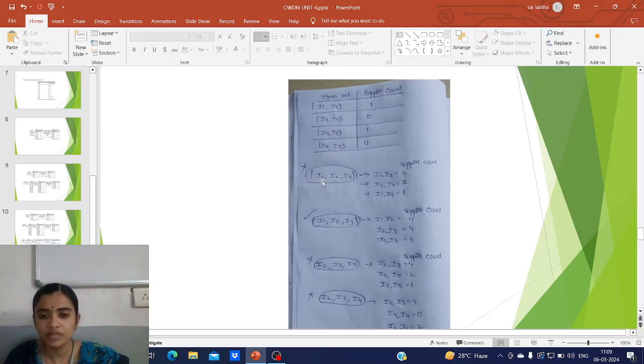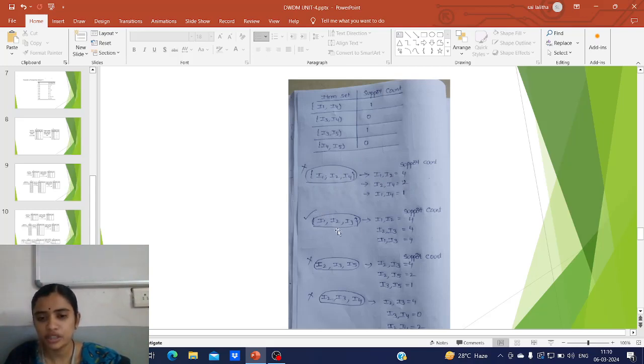For example, I am taking I1, I2, I4. You have to calculate the support count for each pair of items. I1, I2 support count is 4. Okay, it is satisfied. I2, I4 support count is 2. Okay, it is satisfied. I1 and I4 support count is 1. It is not satisfied. So you can't prepare this combo.